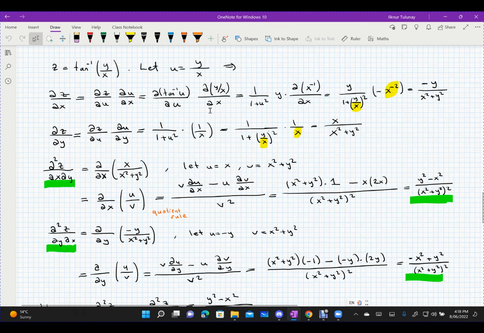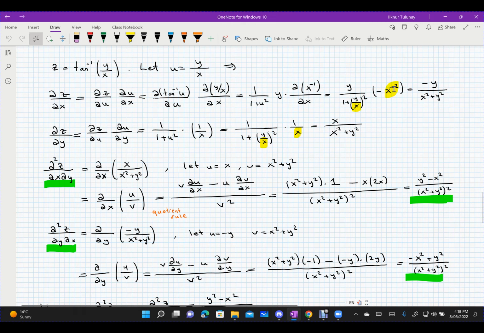Then u with respect to x: y is a constant, so it will be here, and we have the derivative of x to the power minus 1 with respect to x, which will be minus x to the power minus 2.